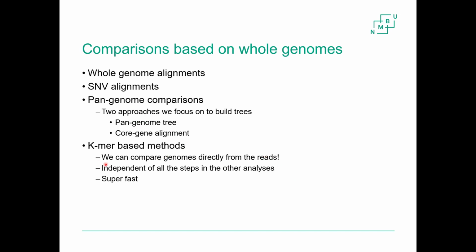So we are independent of all these steps, and that's an advantage in some sense, that each step you need to take introduces some potential errors and uncertainties. So the more directly you can go from your reads to your trees, the better it is in some sense. And it's also super fast.